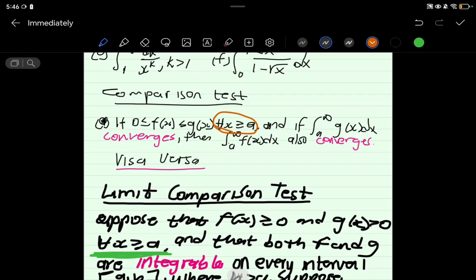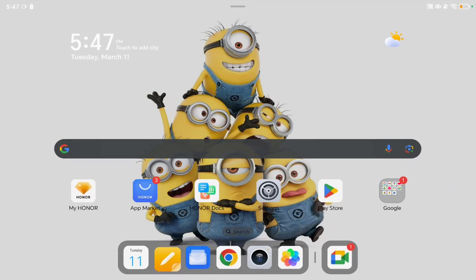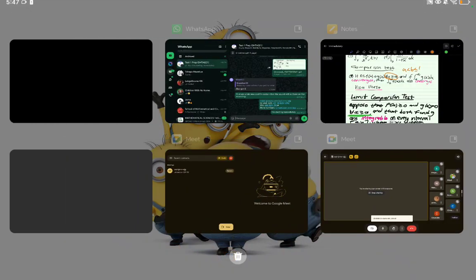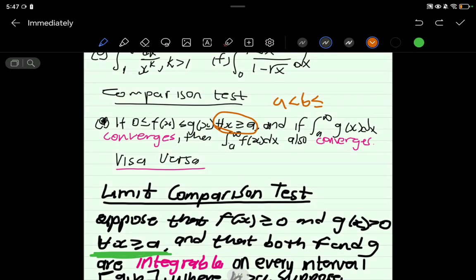Then the second one we can have a less than b, less than or equal to, not less than b, less than a. You see, right? So we can have these types of integrals.